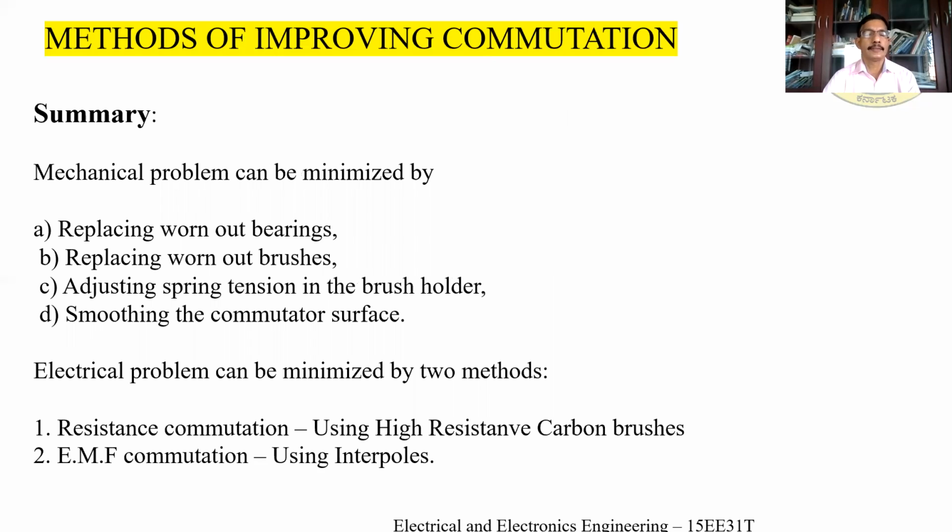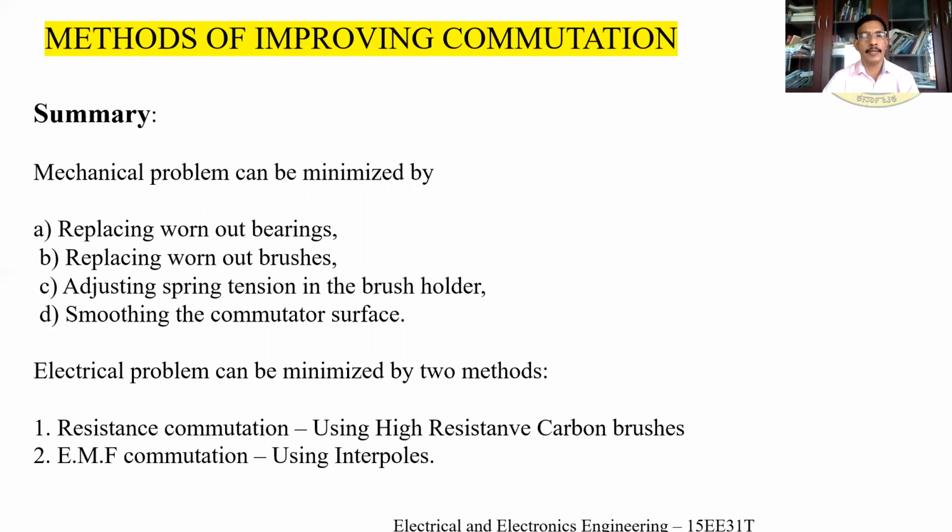So, to summarize these methods of improving commutation. Mechanical problems can be minimized by replacing the worn out bearings, replacing the worn out brushes, adjusting spring tension in the brush holder, smoothing the commutator surface. That means by taking the proper maintenance work regularly, we can eliminate those mechanical problems.